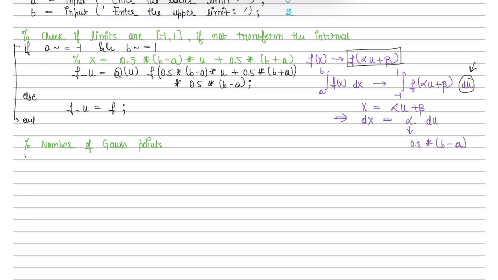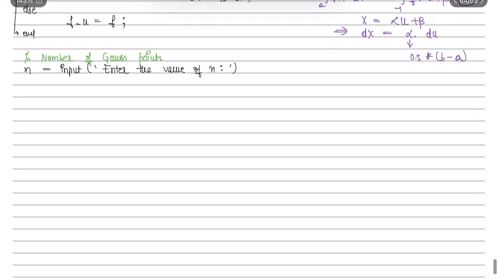Taking the user input, and then initializing the Gauss points and weights for different values of n. If the entered value of n is 2, in that case the Gauss points are minus 1 by root 3 and 1 by root 3.